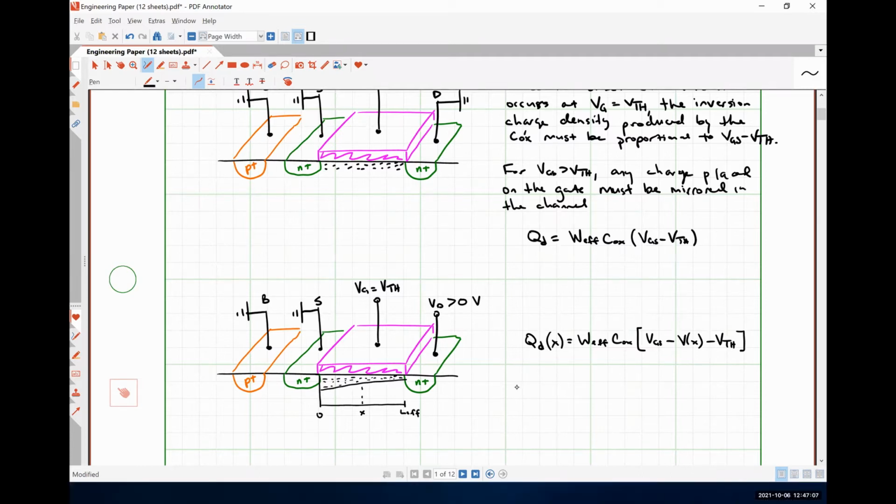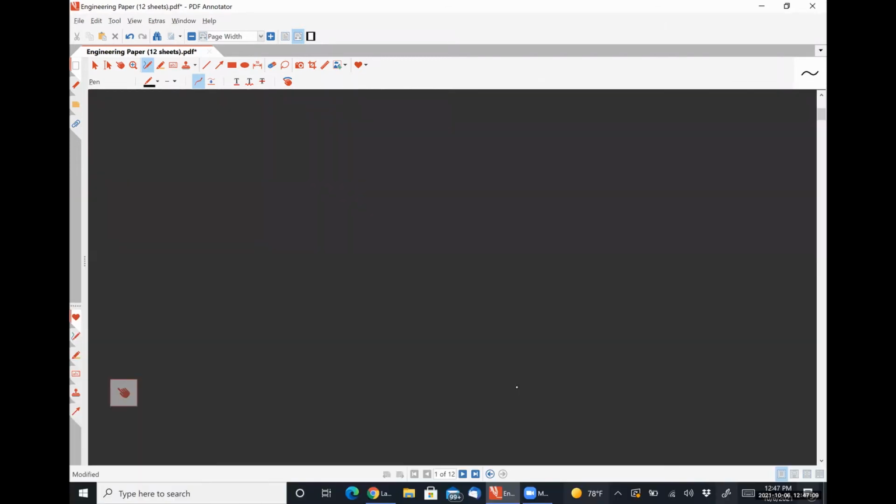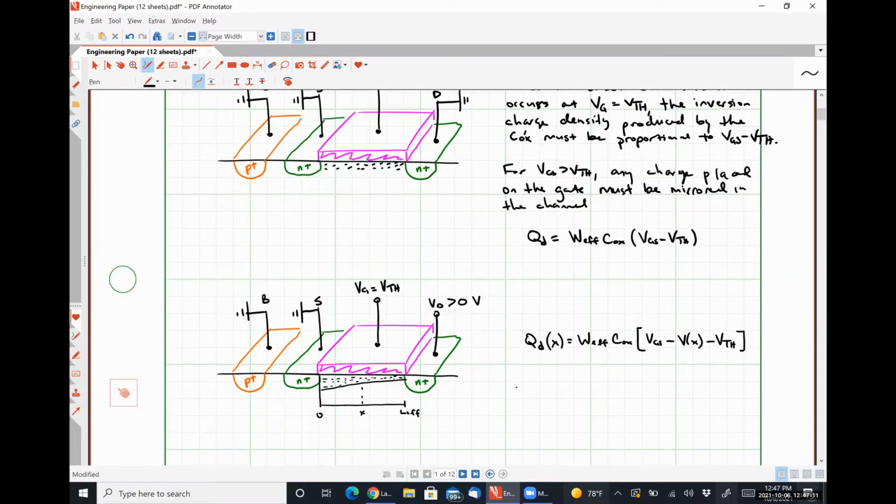Our drain current ID is going to be negative W effective Cox times VGS minus V as a function of X minus VTH times carrier velocity V.